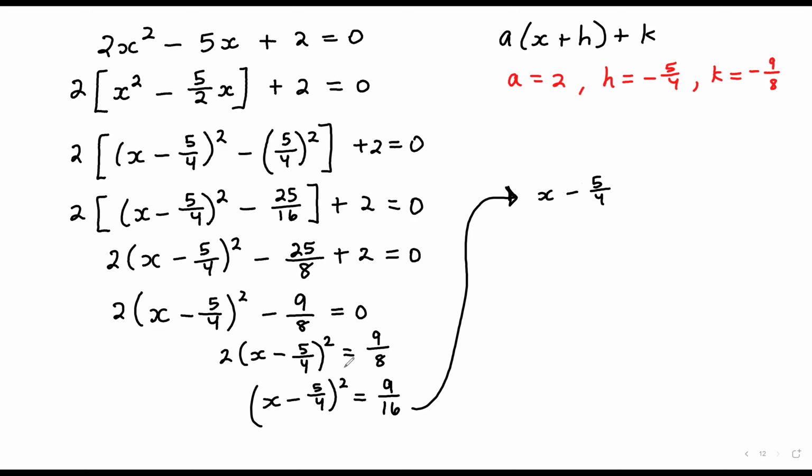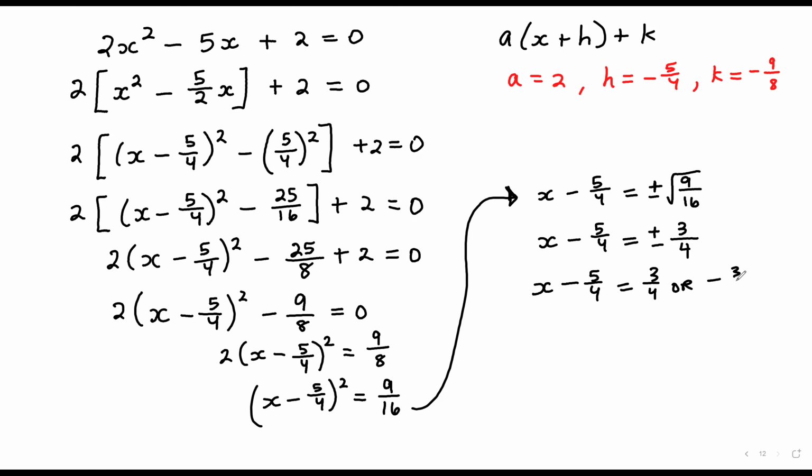To get rid of the squared, you'll take the square roots of both sides. So you'll end up with plus or minus the square root of 9 over 16, which gives me x minus 5 over 4 is equal to positive or negative the square root of 9 over 16. The square root of 9 is 3, the square root of 16 is 4. So it will be plus or minus 3 over 4. Right? So x minus 5 over 4 will be equal to either positive 3/4 or negative 3/4.